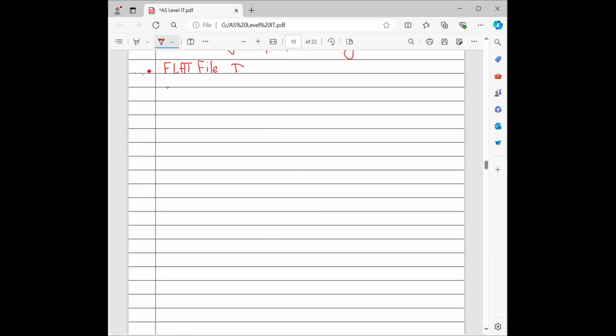So first of all, I have a flat file database, and this is basically a database that consists of a single table.